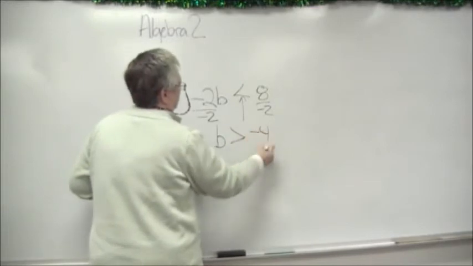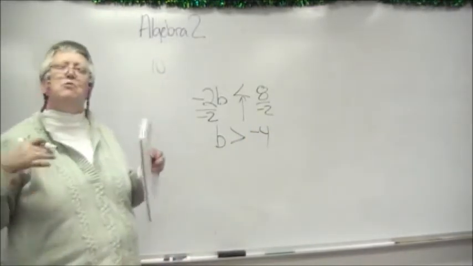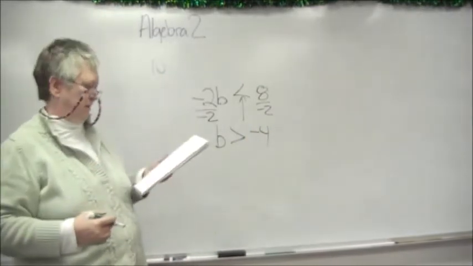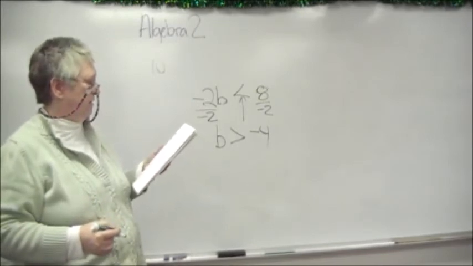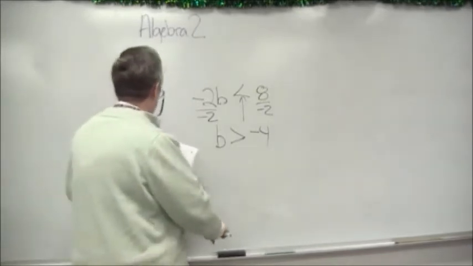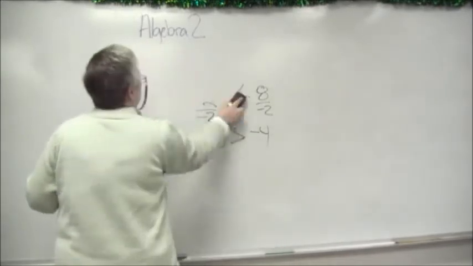Then you have b greater than -4. That only happens when you divide by a negative number. Okay, that takes care of lesson 10.